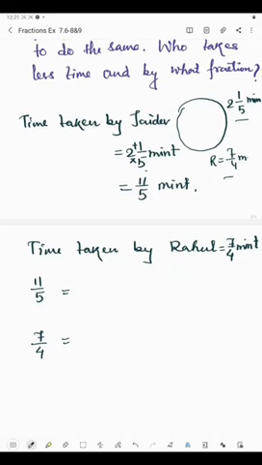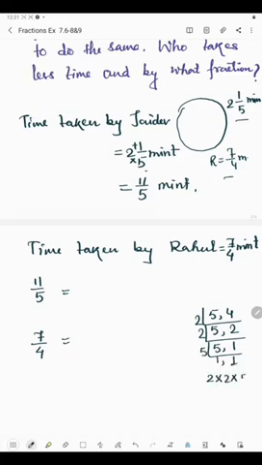So the LCM of 5 and 4: 5 cannot be divided by 2, 2 2s are 4, and again 5, 2 1s are 2, 5 1s are 5. So 2 into 2 into 5 is 5 2s are 10, 10 2s are 20. That means we will have to make 20 in the denominator. So what should we multiply by 5 to get 20?